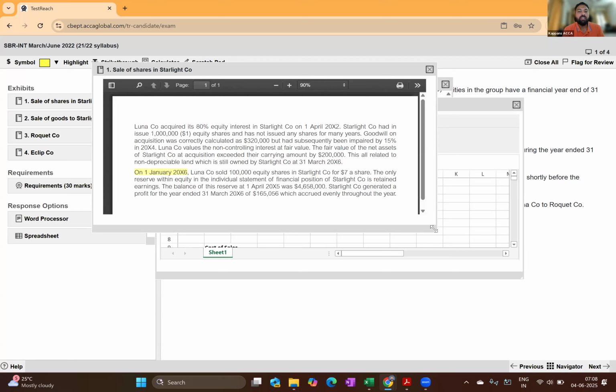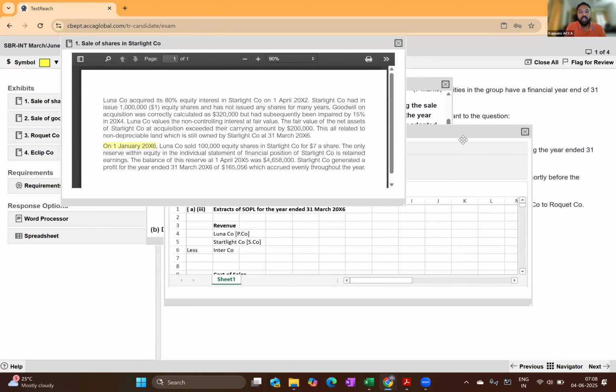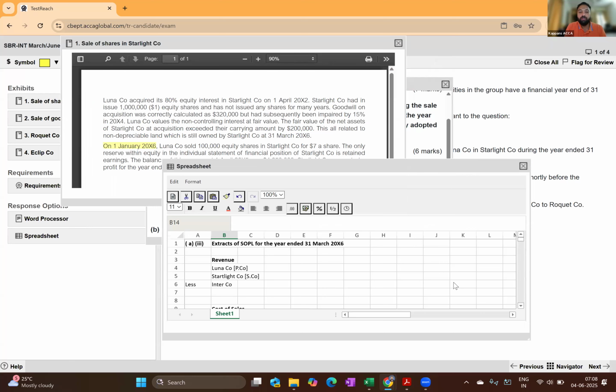The only reserve within equity in the individual statement of financial position of Starlight is retained earnings. The balance of this reserve at April X5 was 4,658,000. Starlight generated a profit for the year ended 31st March 20X6 of $165,056, which accrued evenly throughout the year. So this information is given for the purpose of calculating profit attributable to NCI.